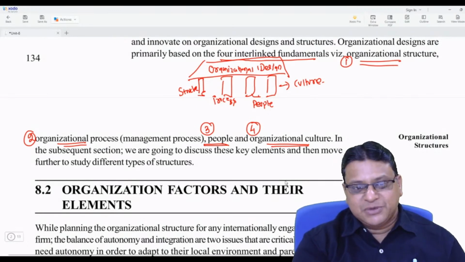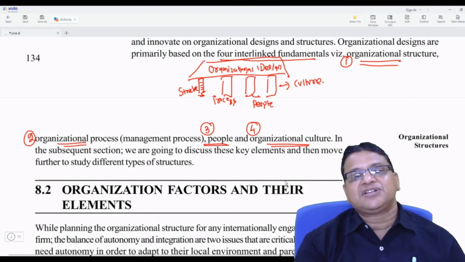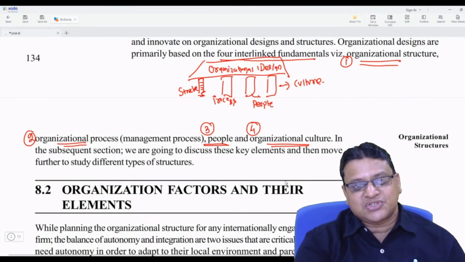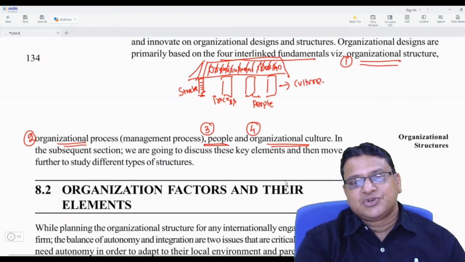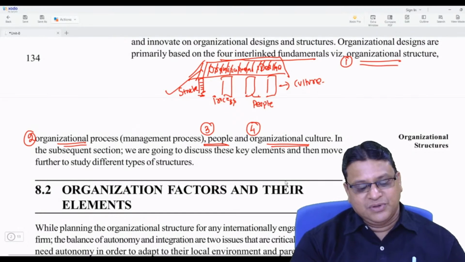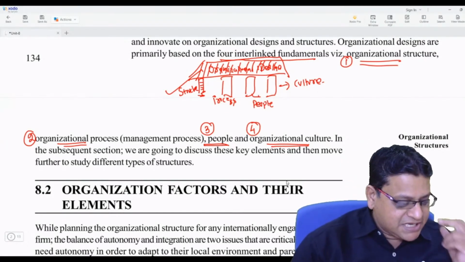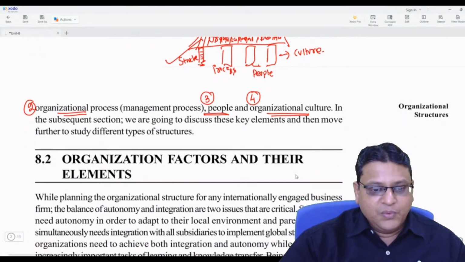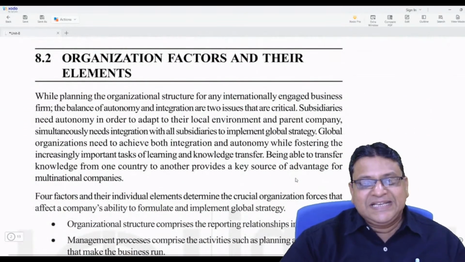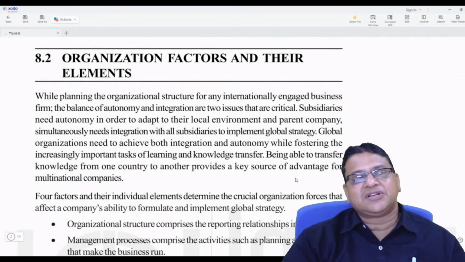Out of this, we will study the first pillar, that is organizational structure. So organizational structure is a part of organizational design, and we will discuss it today. Before that, let me first tell you what are the key issues involved in an organizational structure.